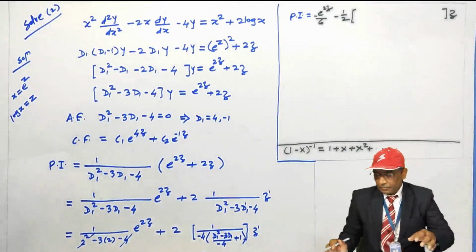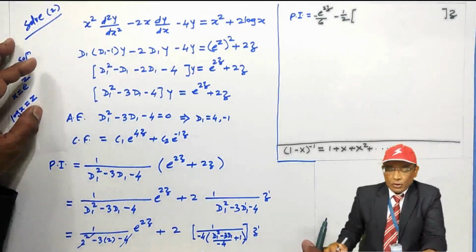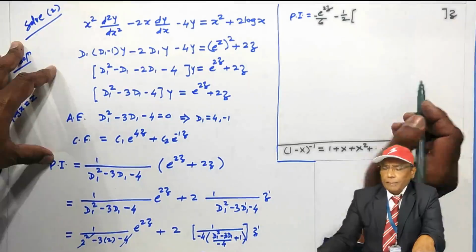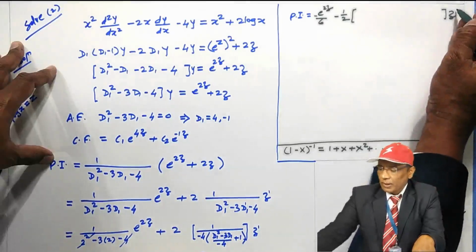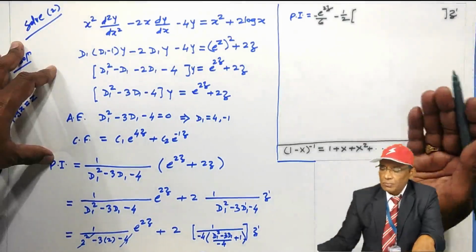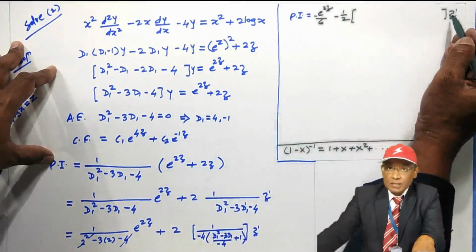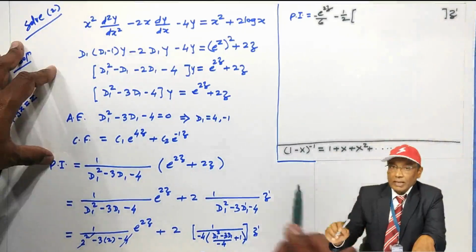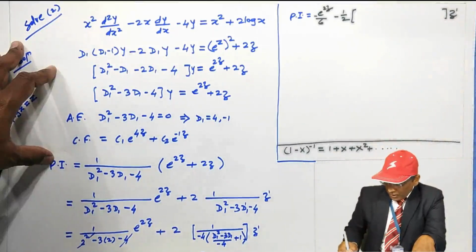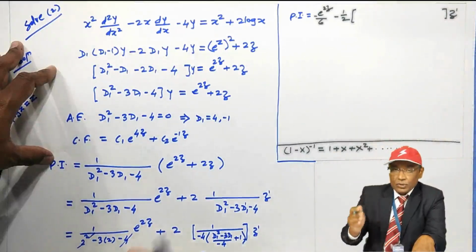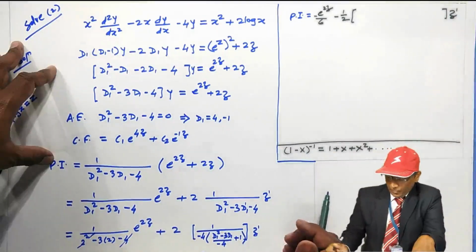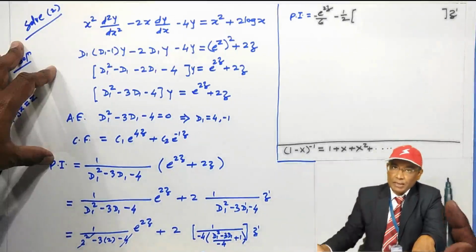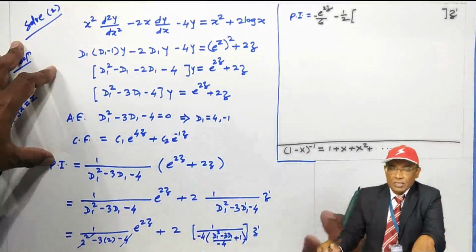Now, in order to make it short, what did I tell you? Only the necessary terms you try to write. If you write more terms, for those terms the algebraic part will be 0 because this is the operator. If the power of z is 1, then write down the first two terms of the infinite series. If the power of z is 2, write down the first three terms of the infinite series. What is the reason behind it?